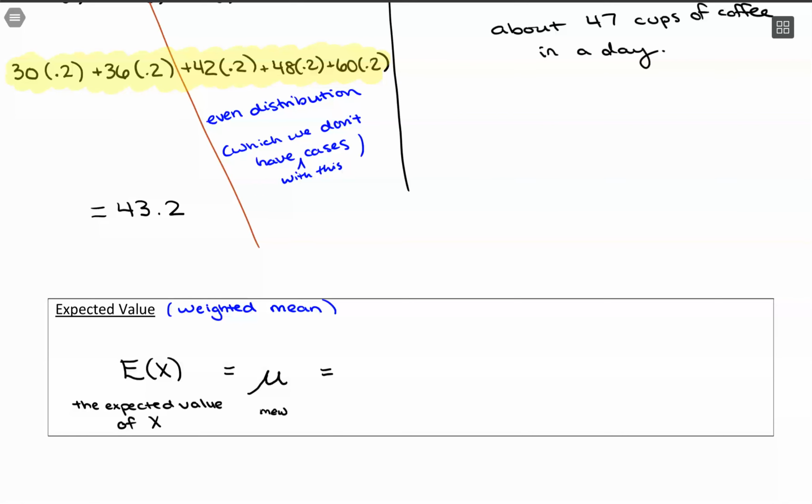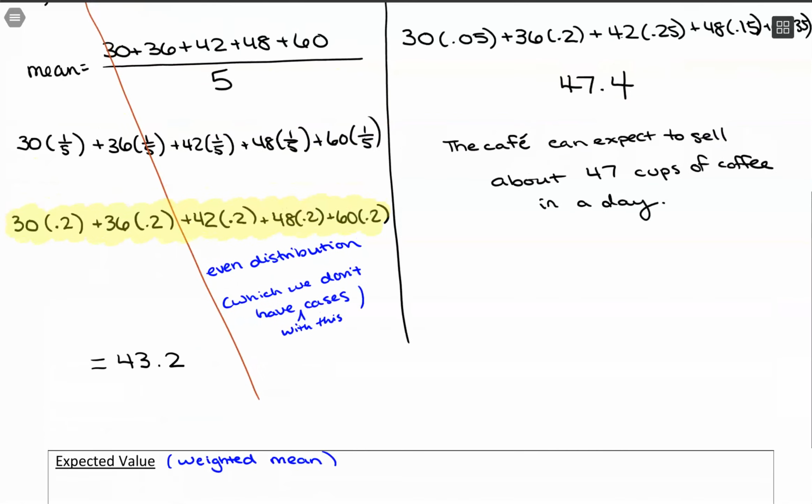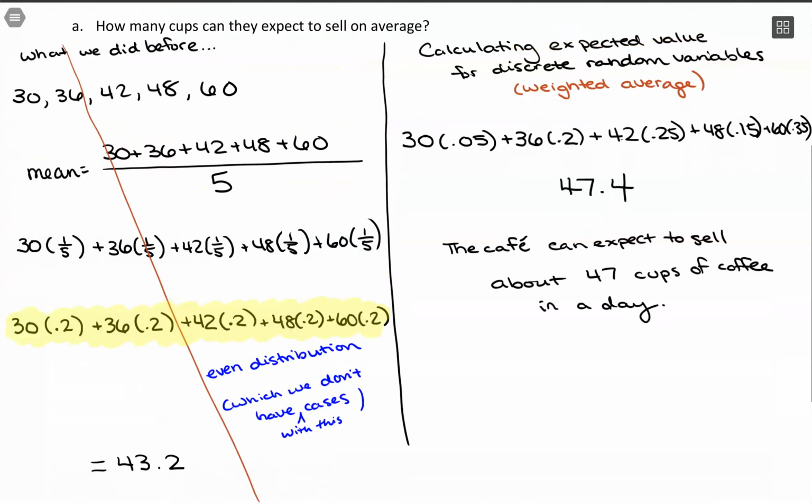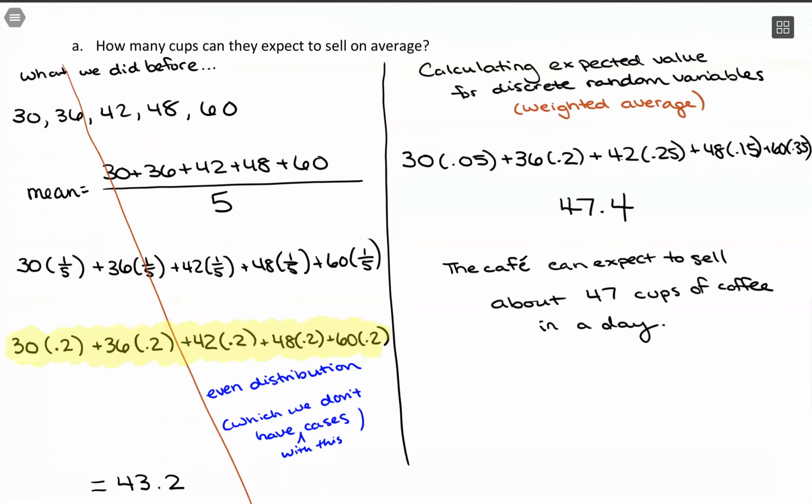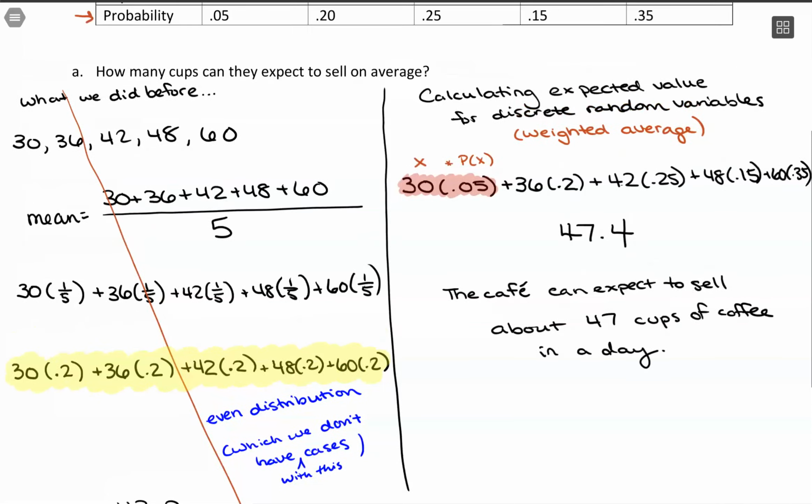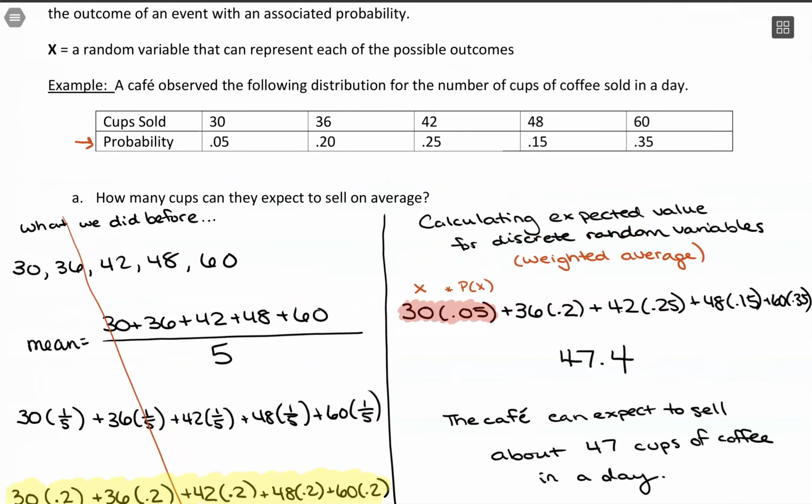So what we're doing here in terms of a form and how we're doing this calculation is we're adding up across our data. In terms of a general form, what we're taking each time is our X value and multiplying it by its probability. And so you're working across the table in kind of pairs.